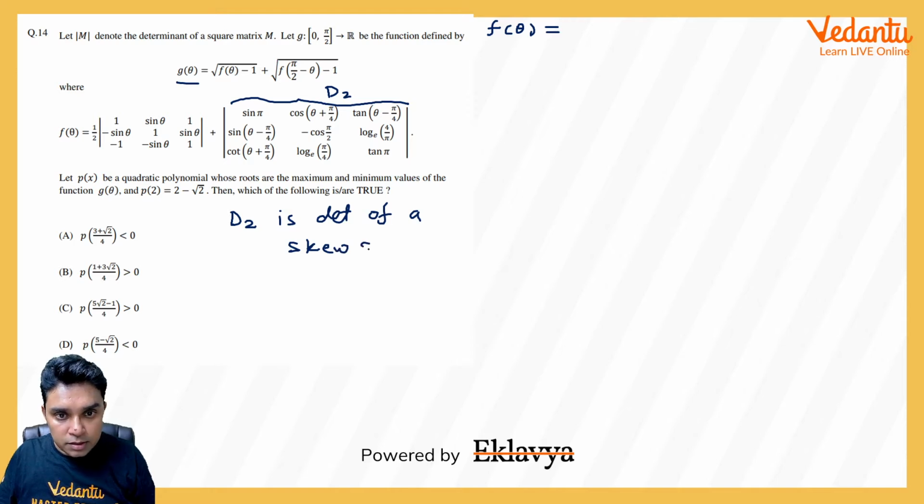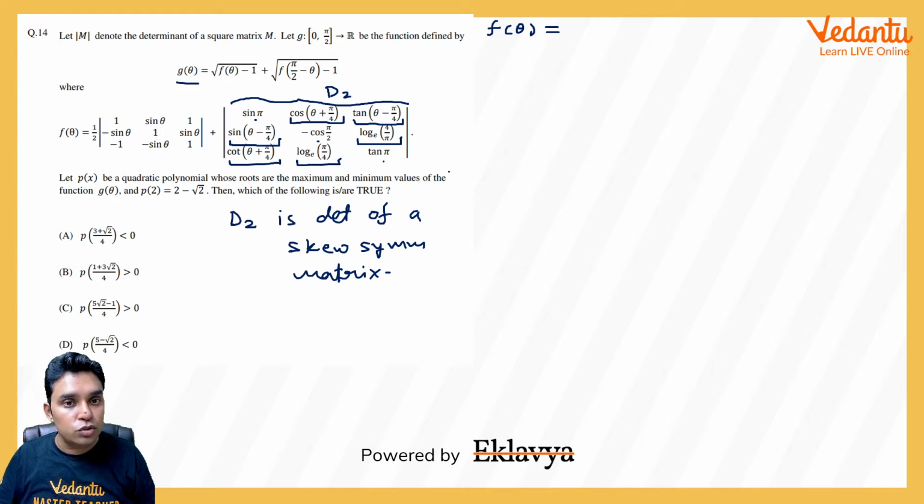This element cos theta plus pi by 4 is negative of sine theta minus pi by 4. It can be checked very easily. Similarly, tan theta minus pi by 4 is negative of cot theta plus pi by 4. Log 4 by pi and log pi by 4 are also negative of each other. And all the elements in the diagonal are 0, 0, 0. So this D2 will have value 0 only.